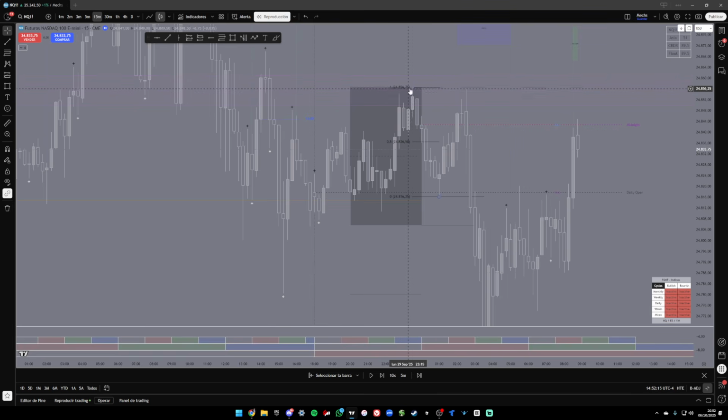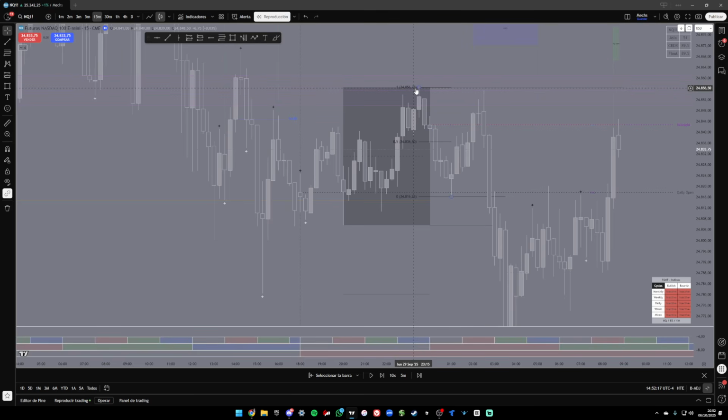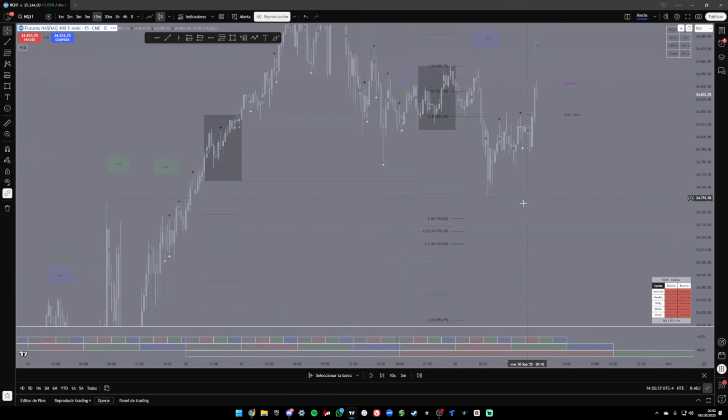We don't need to take the highest point, but in this case it's the highest point, and it's the last swing. So this is important. We anchor it to the break of structure because this candle is showing displacement, and we have these levels.